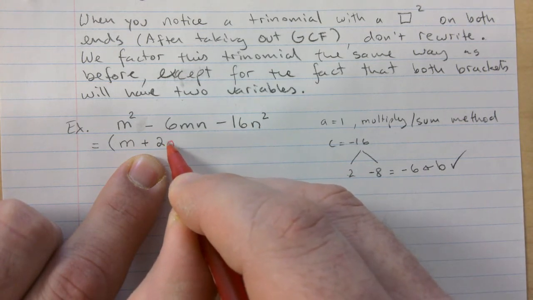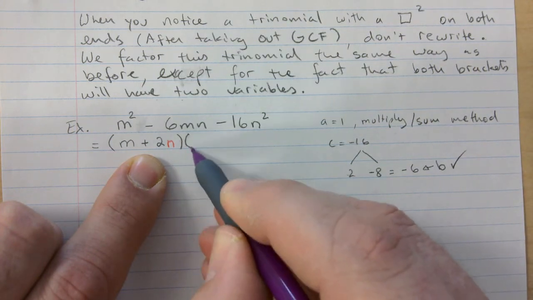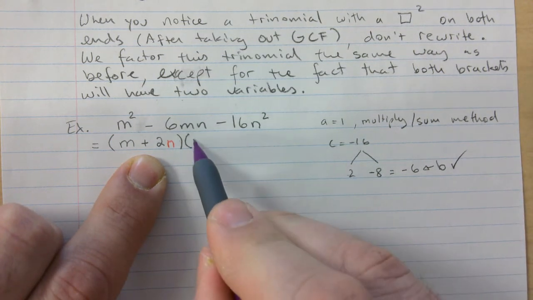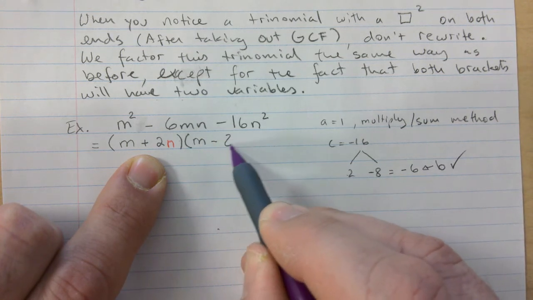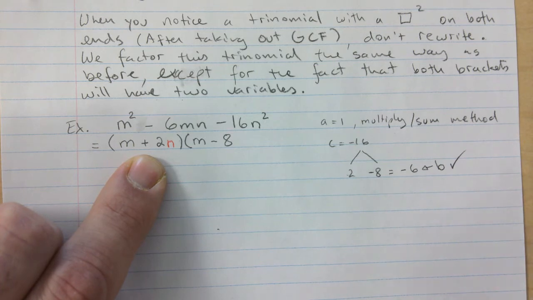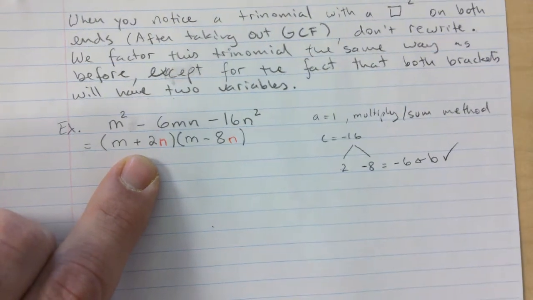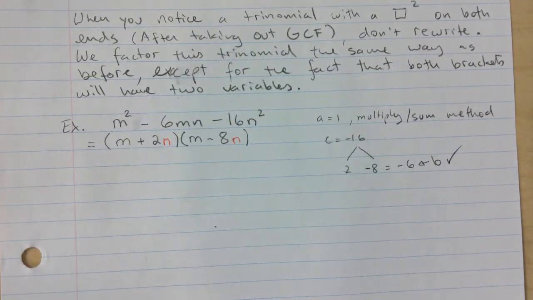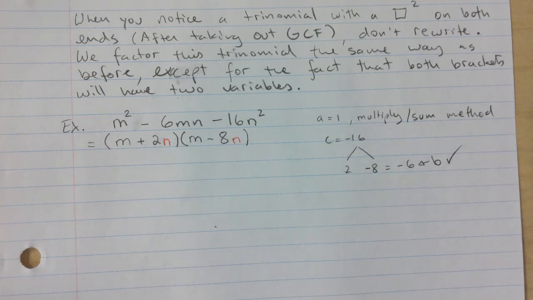You introduce that variable into that. Then close bracket, and you start your second one, which is m minus 8, and you have to introduce that second variable as well. So it's done the same way as before, except now you have two variables in each of the brackets.